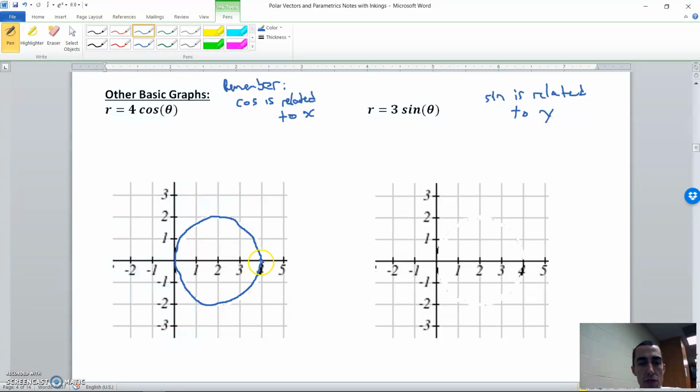Now, this 4 represents the diameter of the circle, and if this number were negative, then it would be a circle, but it would be on the left side of the graph. A same size circle, but over on the left.